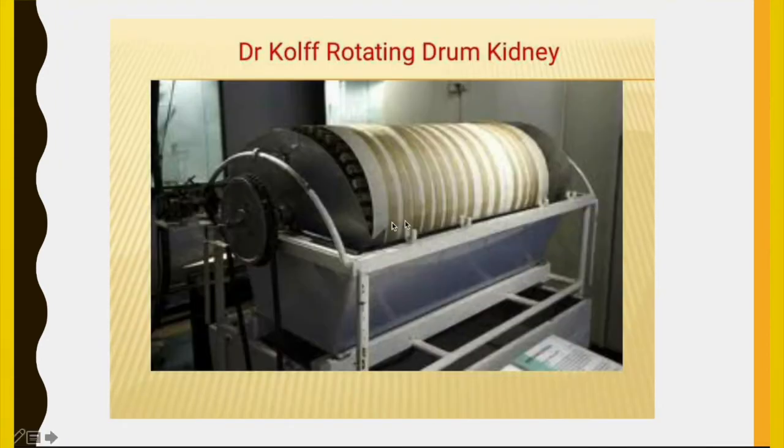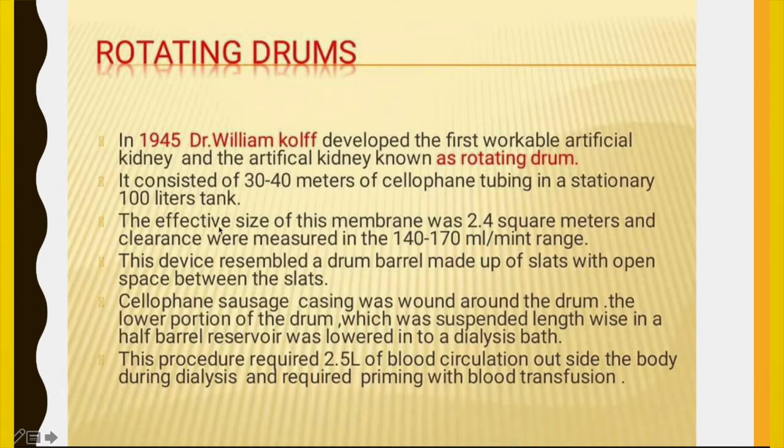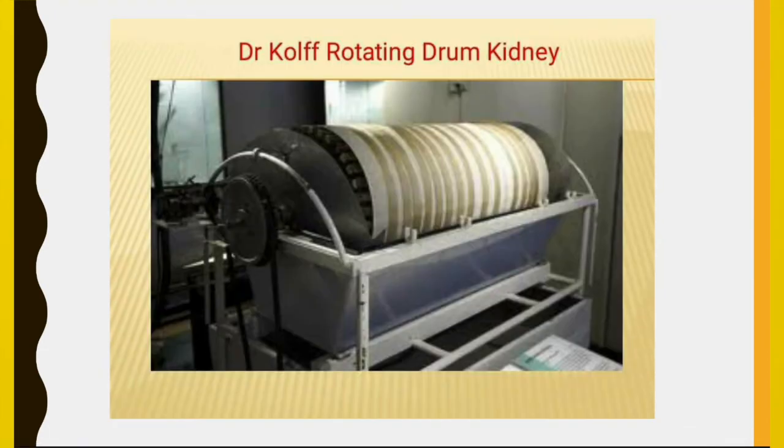So here he wrapped 30 to 40 meters of cellophane, and it had a tank of around 100-liter capacity which contained water. The effective size of the membrane was around 2.4 square meters, and the clearance was measured in the 140 to 170 ml/min range. This device resembled a drum barrel made up of slats with open space between the slats. So it resembled a drum barrel.